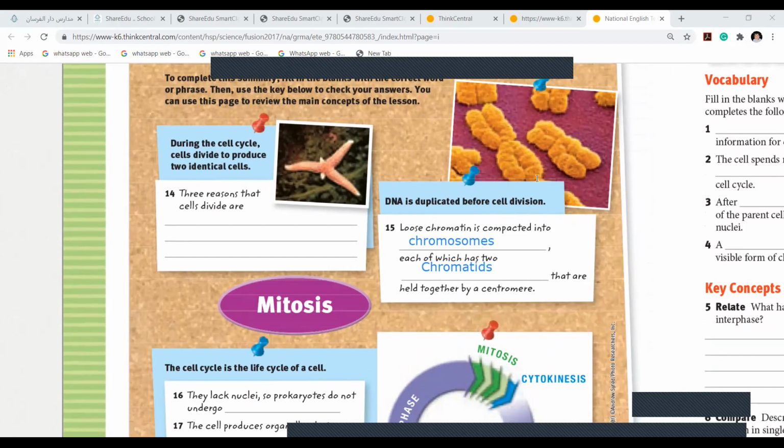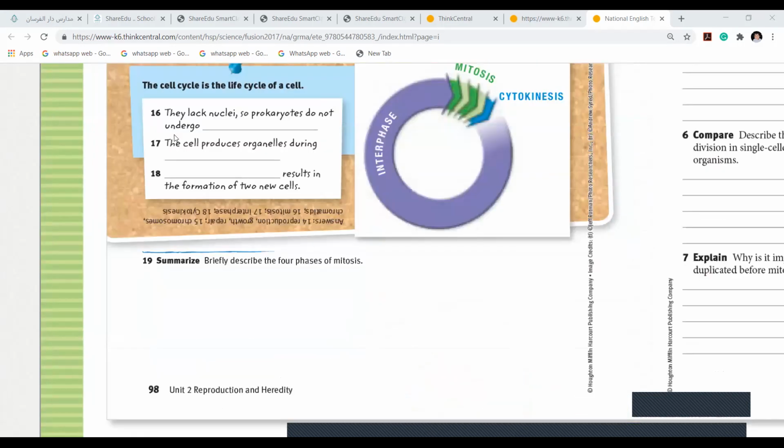Now next. They lack nuclei, so prokaryotes do not undergo cell division. The cell produces organelles during which phase, girls? The cell is doing its life activities. Which stage?